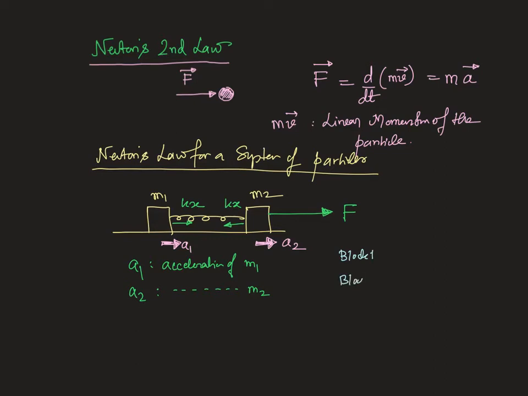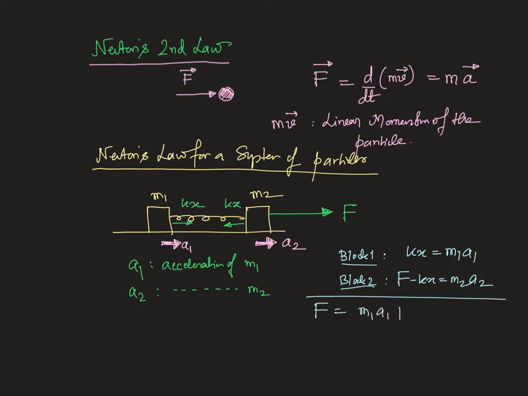We have to write the force equations. Block 1, only the spring force acts, so kx equals m1 a1, and block 2, F minus kx equals m2 a2. Now if you add up, you get F equal to m1 a1 plus m2 a2. So this is how Newton's law is modified for the system.